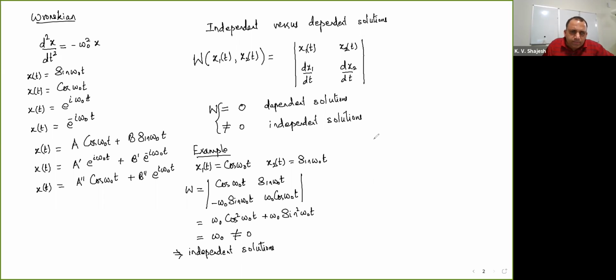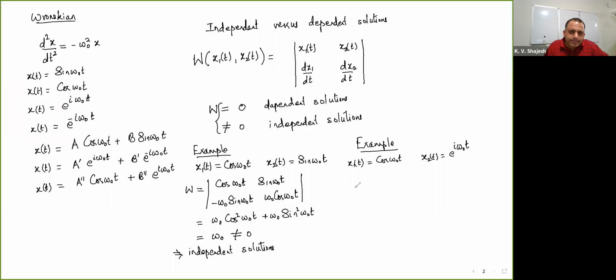Let's do another example. What if we have x1 of t to be cosine omega naught t and x2 to be exponential of I omega naught t?